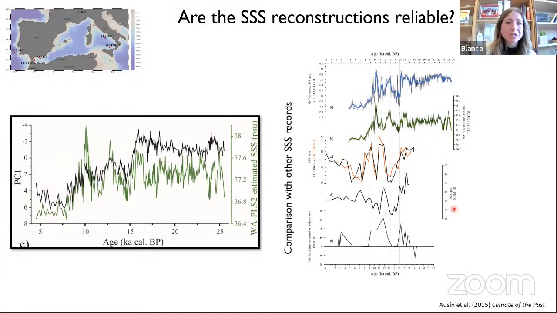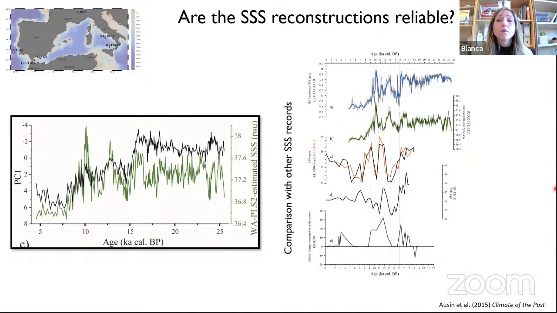But the next question that we asked ourselves was whether this reconstruction was reliable or not. So for this, we applied a principal component analysis to our fossil record, which shows the most important changes in the composition of the fossil coccolithophore assemblage.